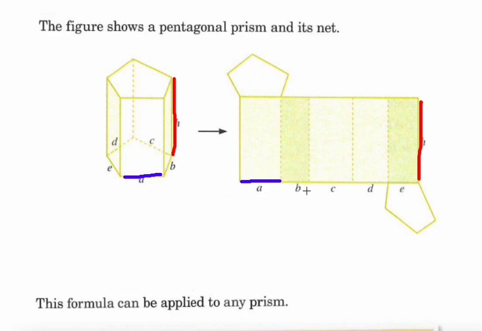That's going to be one of the, I guess, lengths of your bigger rectangle. And then you have another side, we'll call that side B of the pentagon, and that's also going to be added into the length of this bigger rectangle.